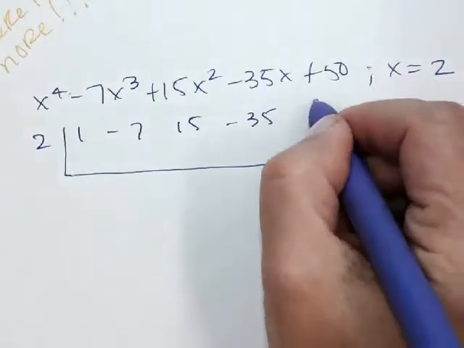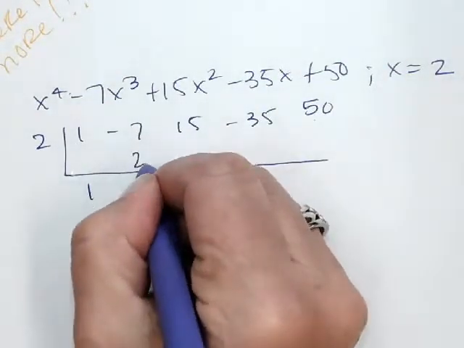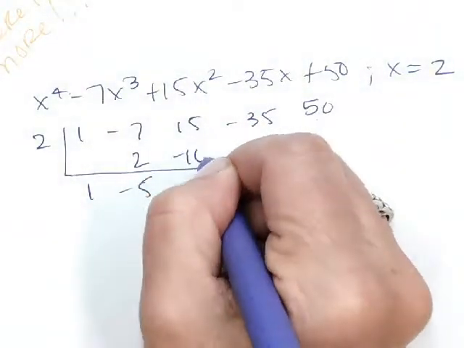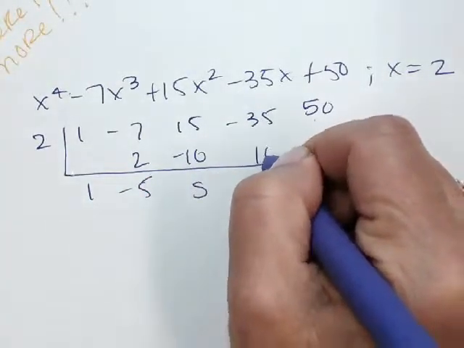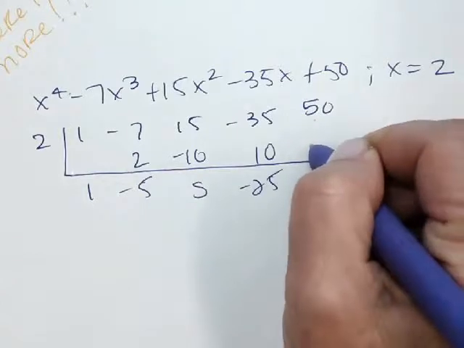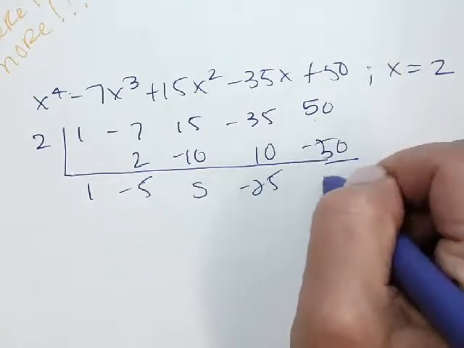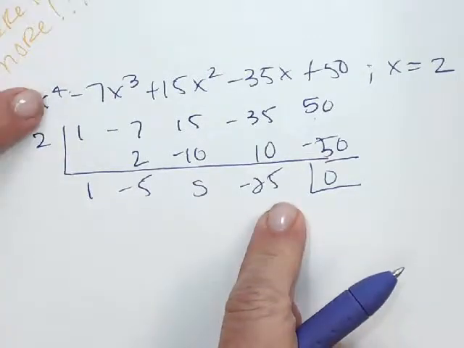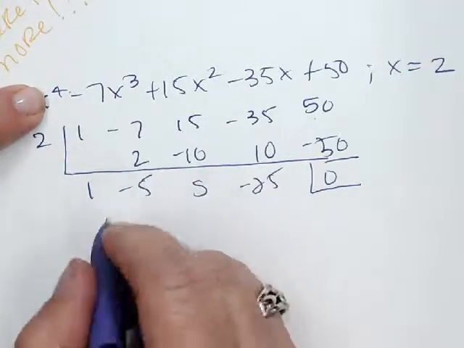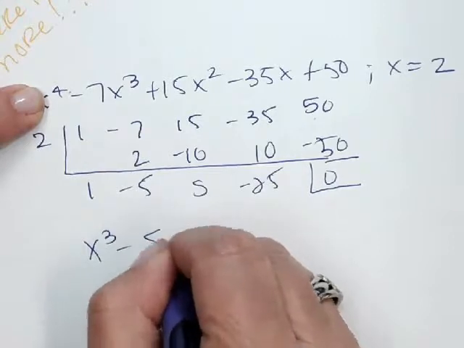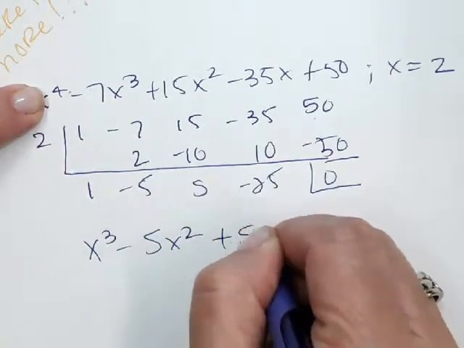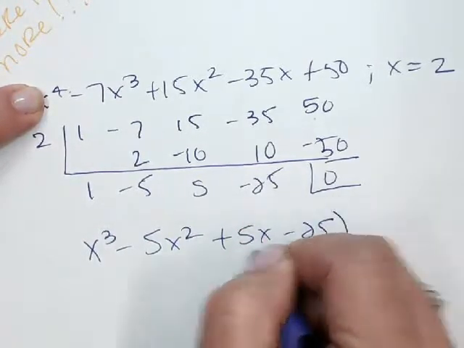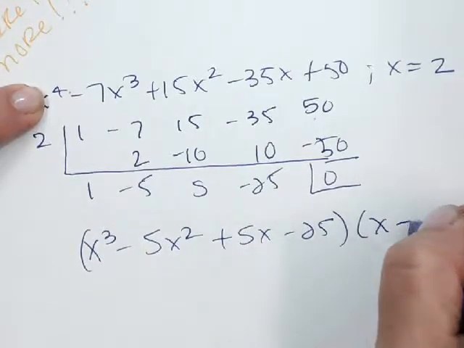Okay. So 1, 2, negative 5, negative 10, 5, 10, negative 25, negative 50. That looks funny. There we go. So write your new polynomial. It's going to decrease by 1 degree. So x cubed minus 5x squared plus 5x minus 25. And my factor that was given, x minus 2.